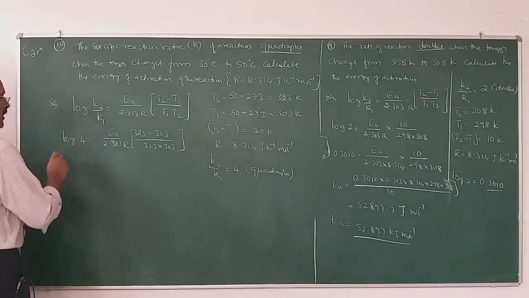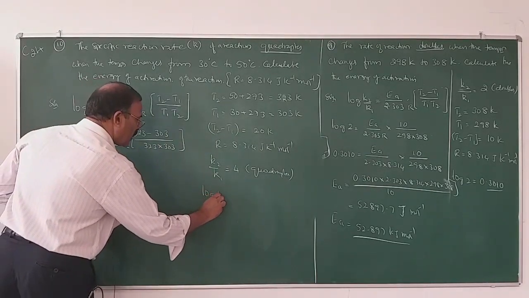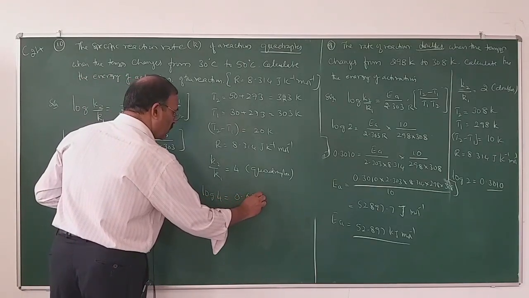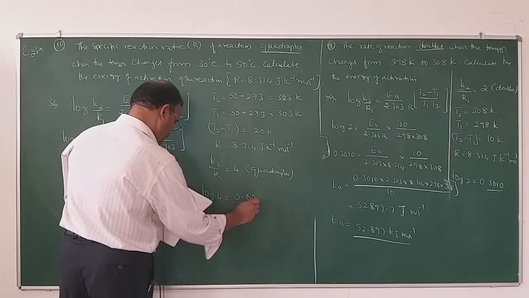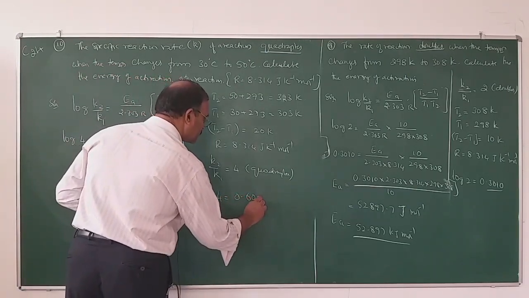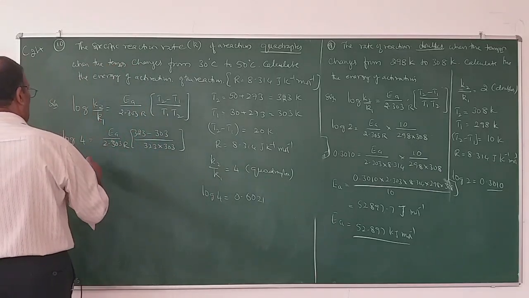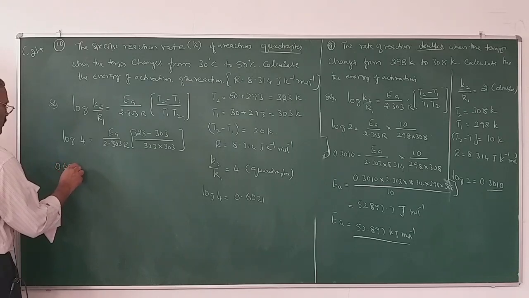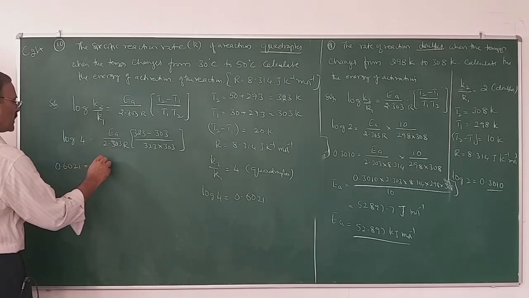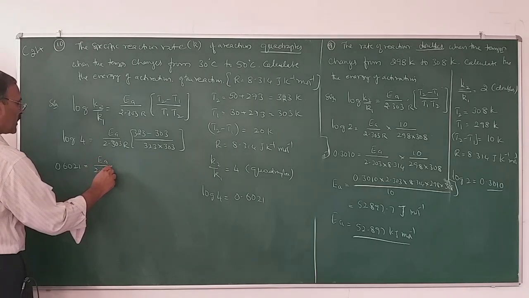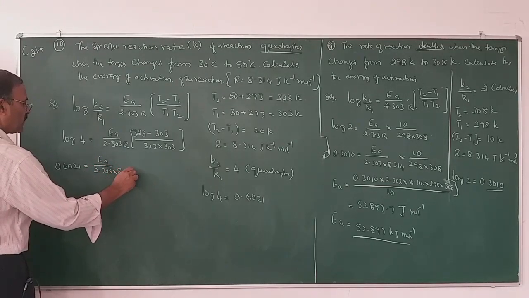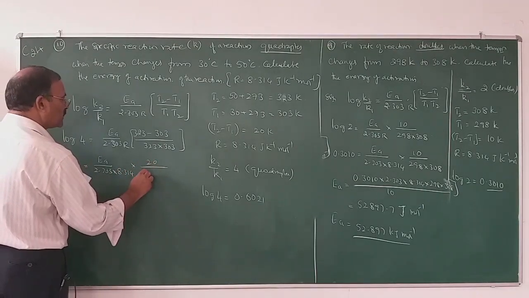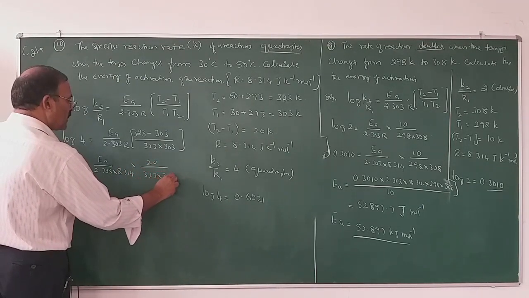Log 4 is equal to 0.6021. So 0.6021 equals EA divided by 2.303 into 8.314 into 20 divided by 323 into 303.